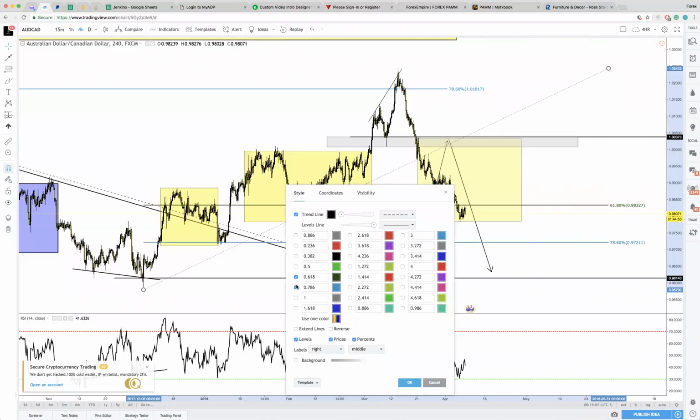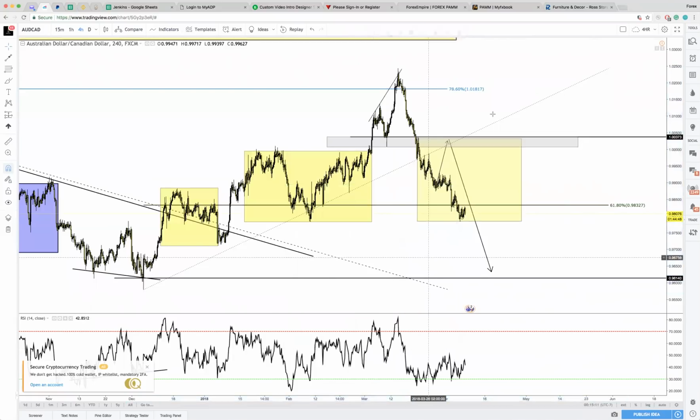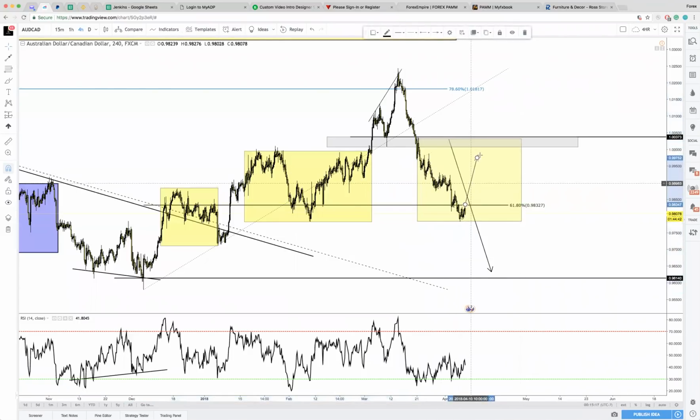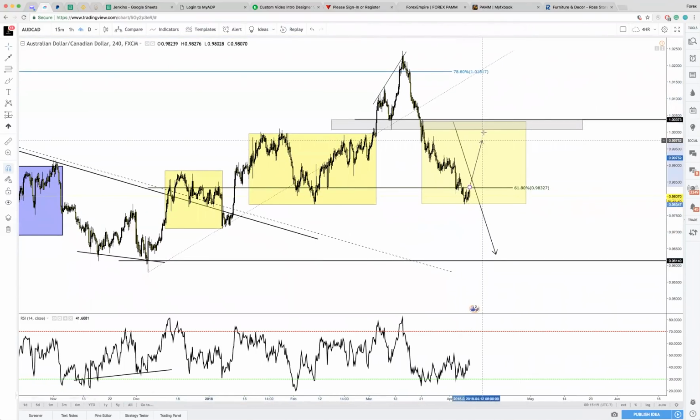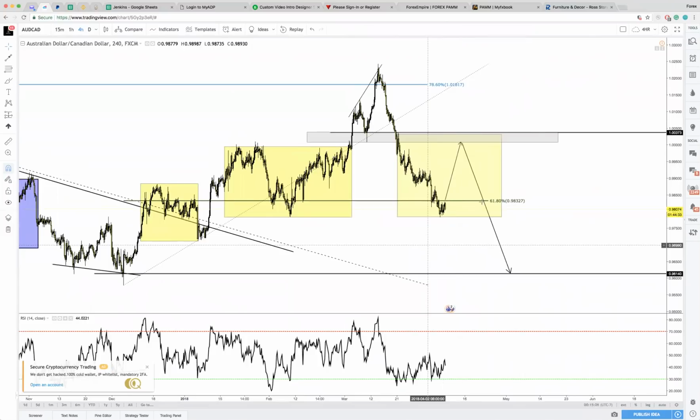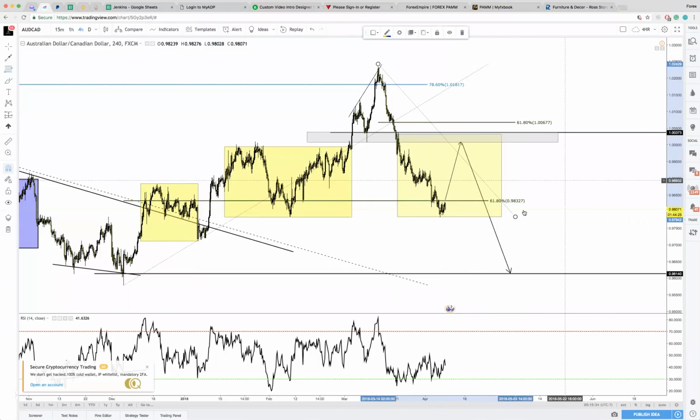This is a 61.8 area, so we should expect some bullish movement right about here, and then a drop. From here to here, that's most likely a 61.8 too.